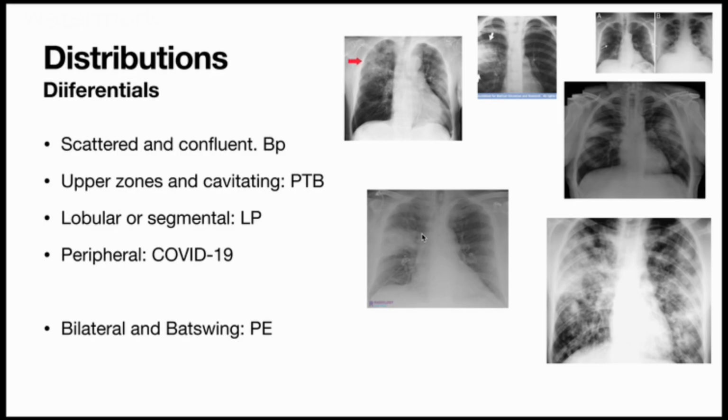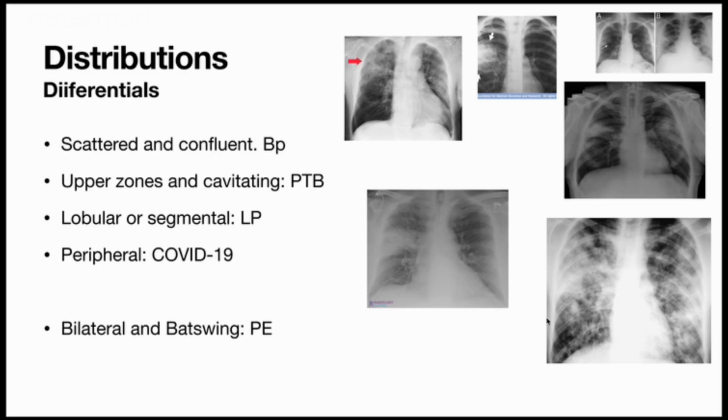On the other hand, if it affects a lobe, like you see in this image, then we say this is lobular or lobar or segmental pneumonia, affecting only one lobe, and so on and so forth. So if it is affecting scattered areas with no sequence, then we can say bronchopneumonia.